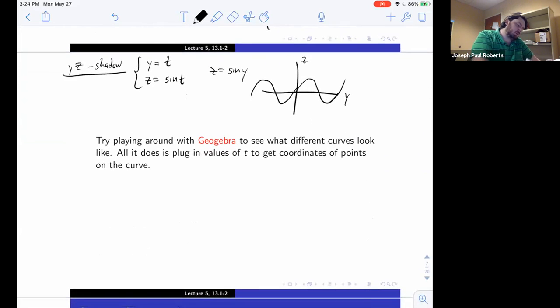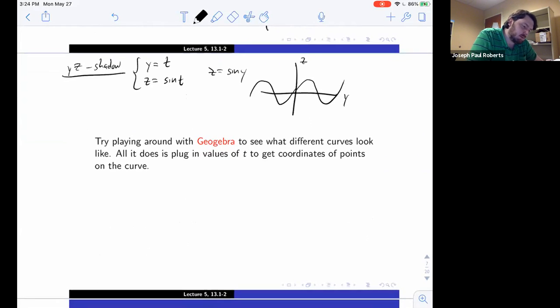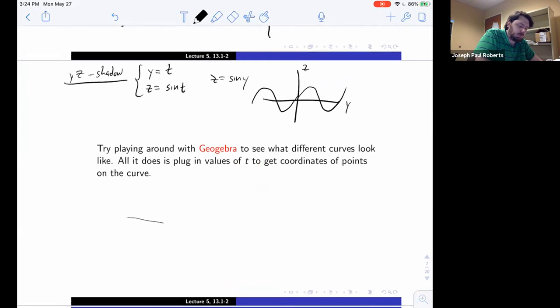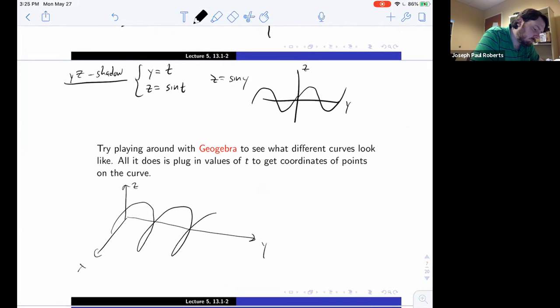And so it turns out that this is going to be a helix around the y-axis. Let me see if I could draw this. Let's say x is here, z is here, and that's y. It's going to look something like that.